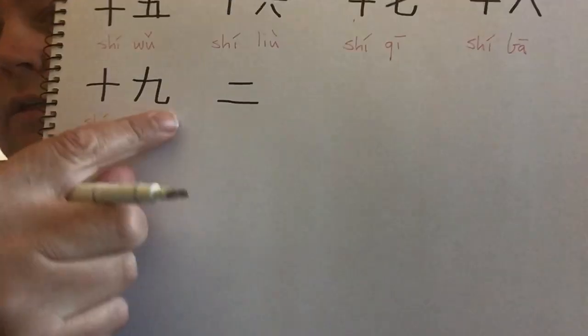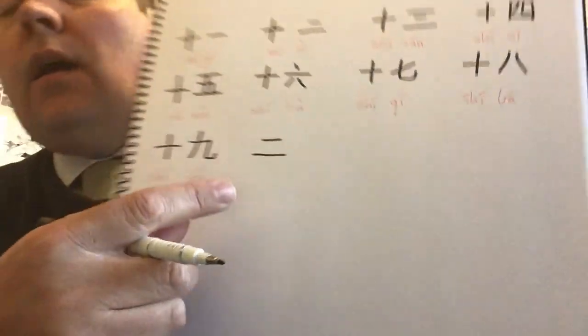Now something happens when we get to 20. I'm going to draw it for you. So the very first thing that happens is we start 20 with the character for 2. Just here. Then we have the character for 10, which is just going to be here.